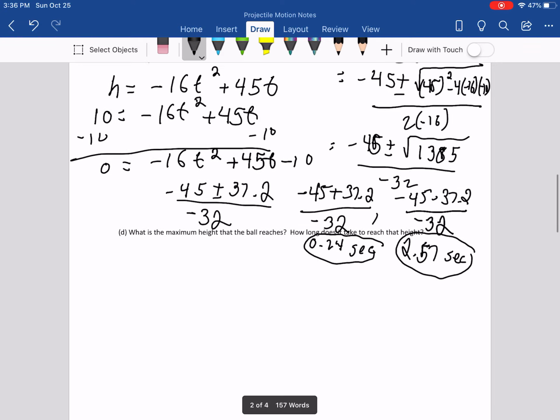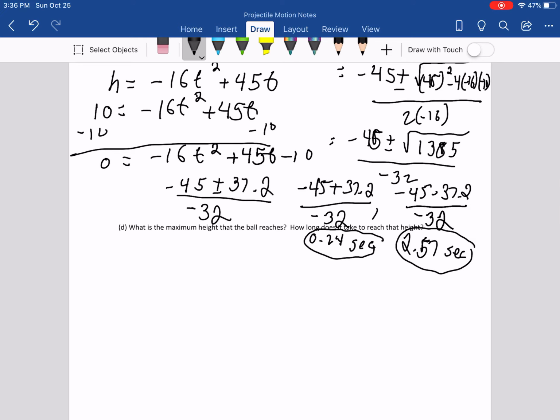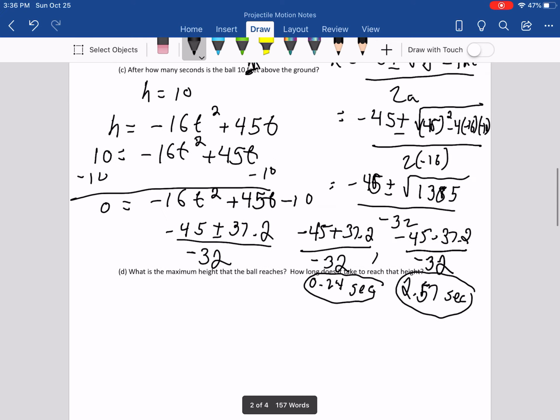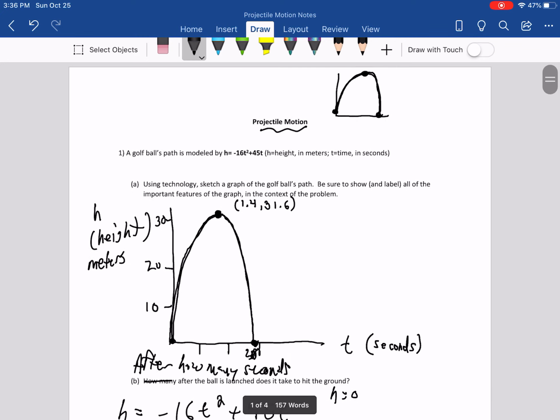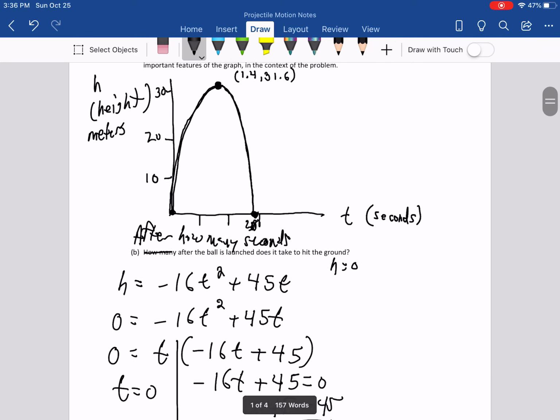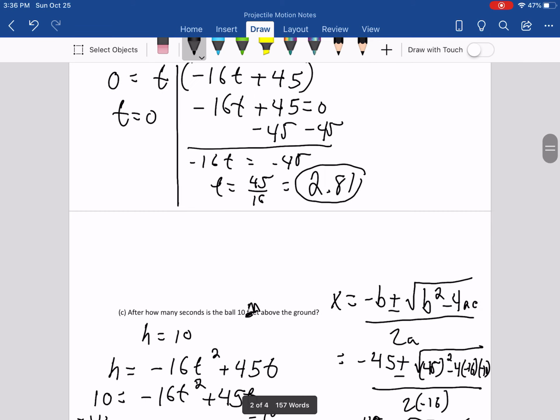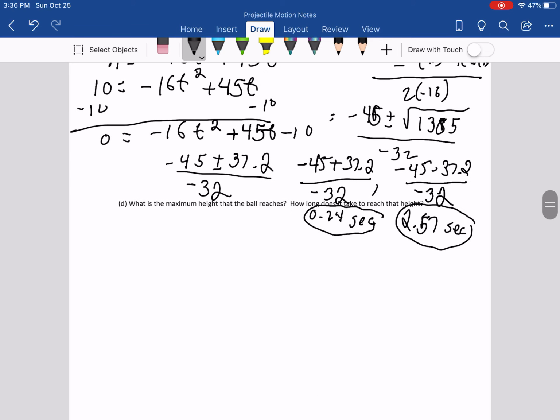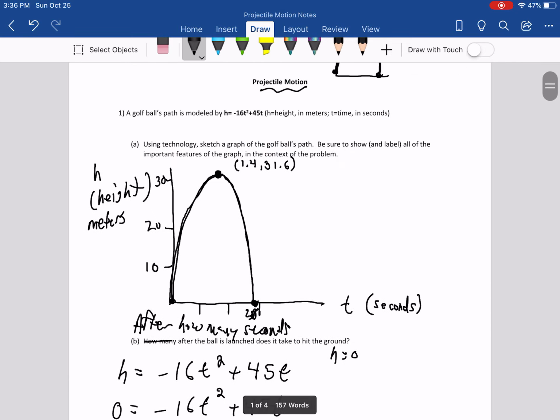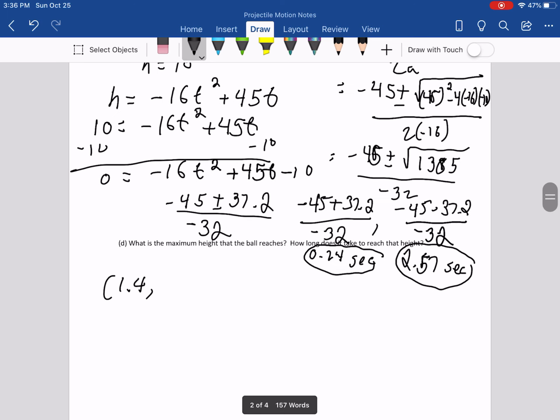All right, what is the maximum height that the ball reaches? How long does it take to reach that height? Okay, so the maximum height is the vertex, right? We know our vertex is 1.4, and the rest of the vertex is 31.6.